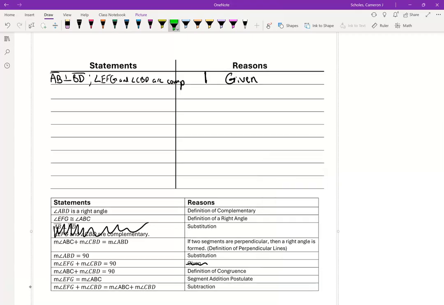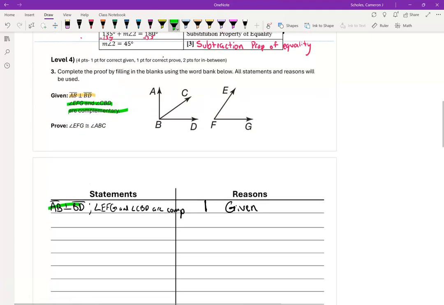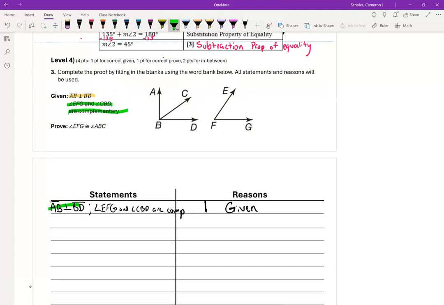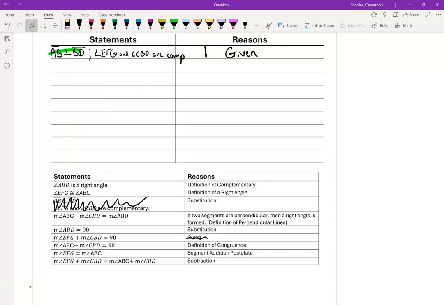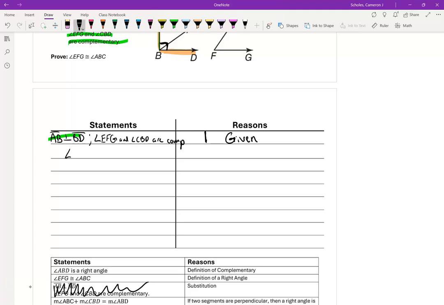We are going to use the first part, AB is perpendicular to BD. AB is talking about this line in the picture and BD is talking about this line. What we need to know is that this forms a right angle. So if we look at this, we know that angle ABD is equal to a right angle.